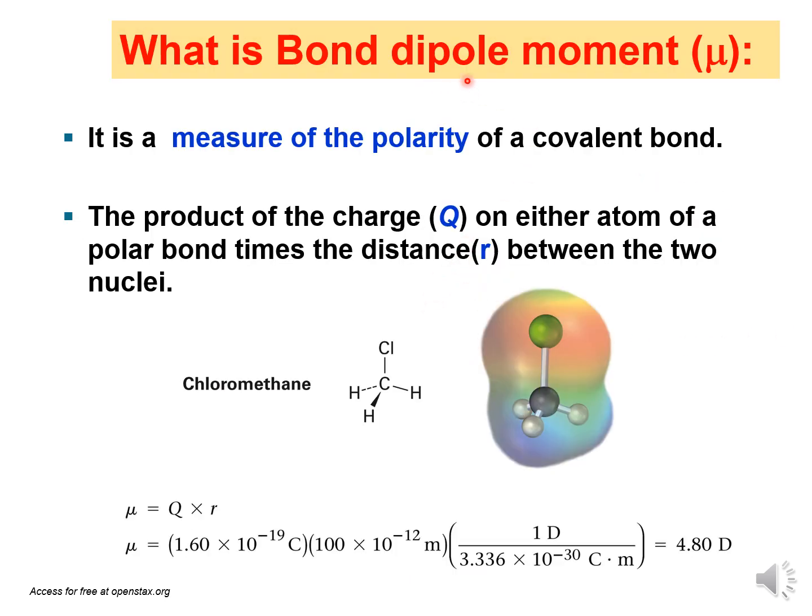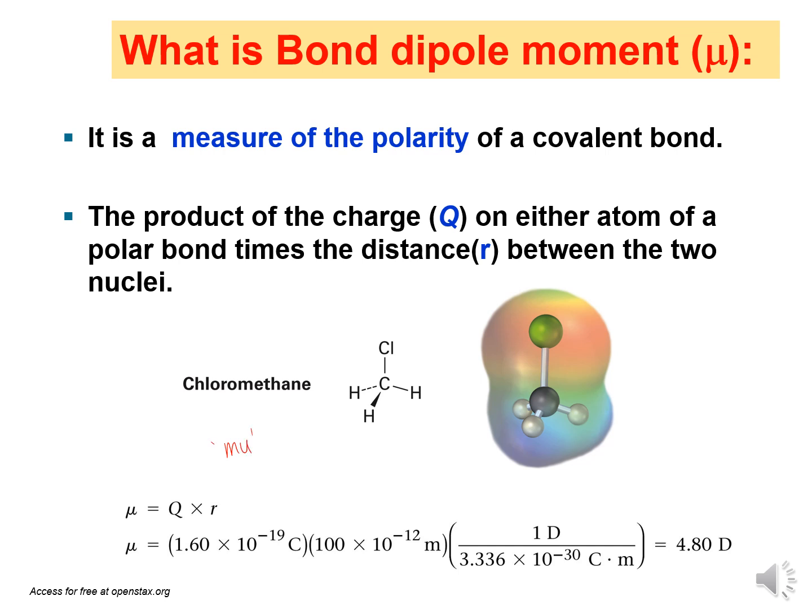Now we use this term dipole moment in order to measure the polarity. It is a measure of polarity of a covalent bond. So the higher the value of dipole moment, the more polar the compound. How do we measure this? We use the formula Q times R, and it is represented as mu, this symbol here.